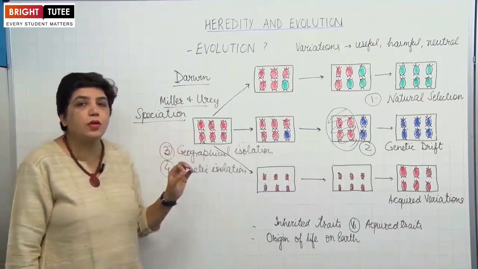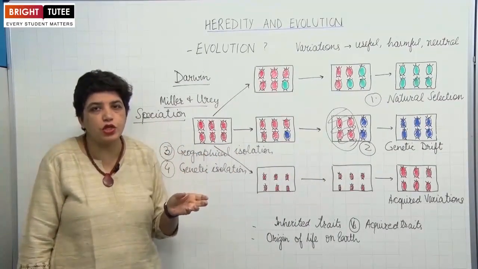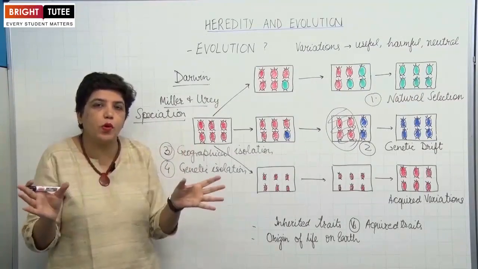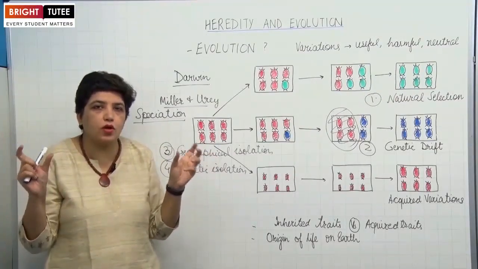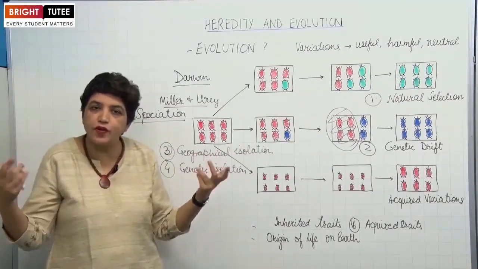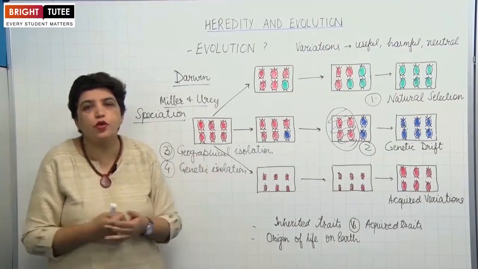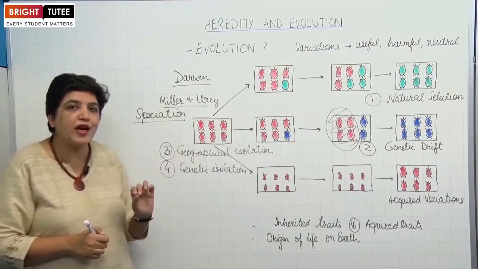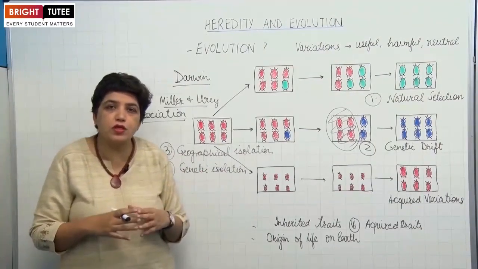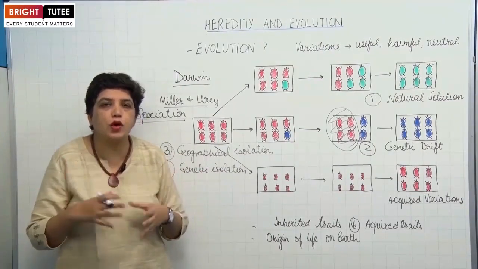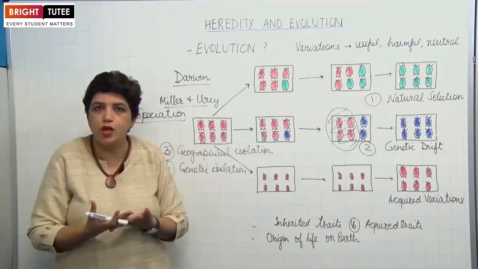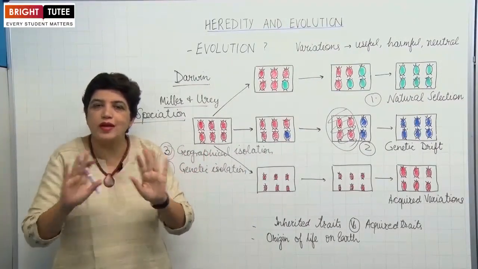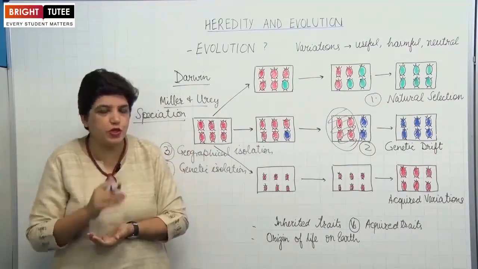The third process is geographical isolation, in which there was a physical barrier between two populations, and both had different kinds of variations, which led to formation of two different species. And fourth is genetic isolation, caused by mutation or drastic changes in the gene pool, so that the two populations could not reproduce and led to formation of two different species.